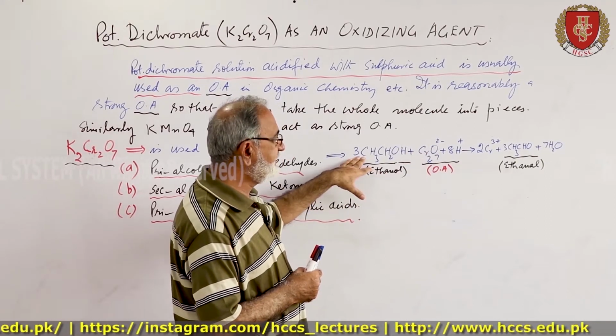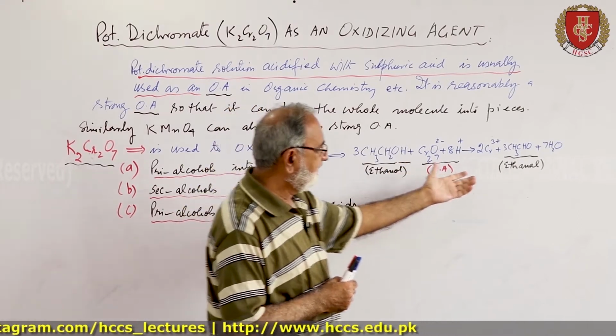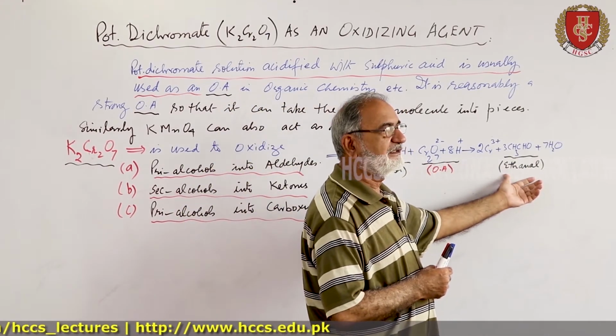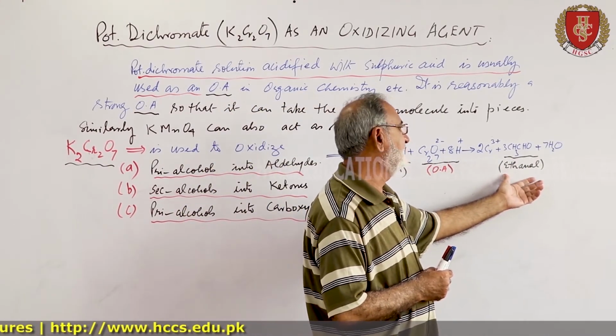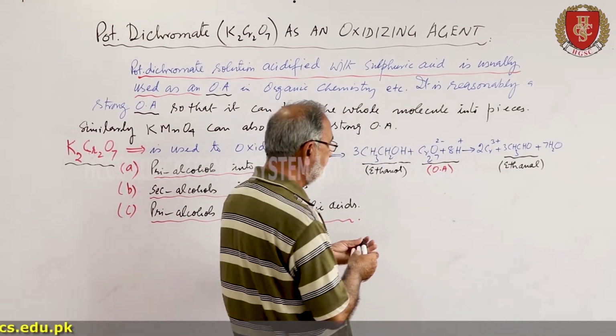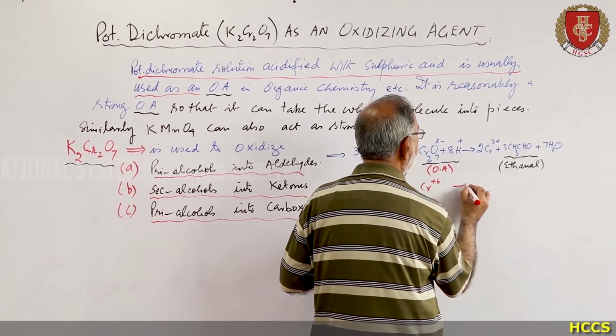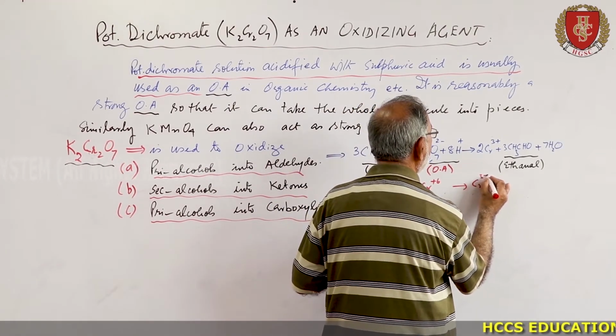It oxidizes the primary alcohol, that is ethanol, into ethanal or acetaldehyde. Now this is accompanied by the chromium +6 changing to +3.